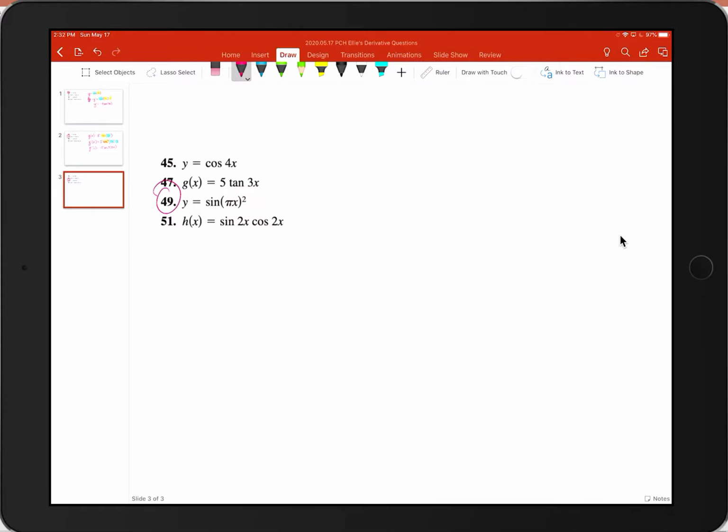Okay. Now, for 49, y equals the sine, and I'm going to put a bracket here for a reason, of pi times x squared. When you see the exponent out here, what's being squared is the inside function. How do I know this? Because if they wanted to square the sine, they would have used the notation y equals sine squared of x.